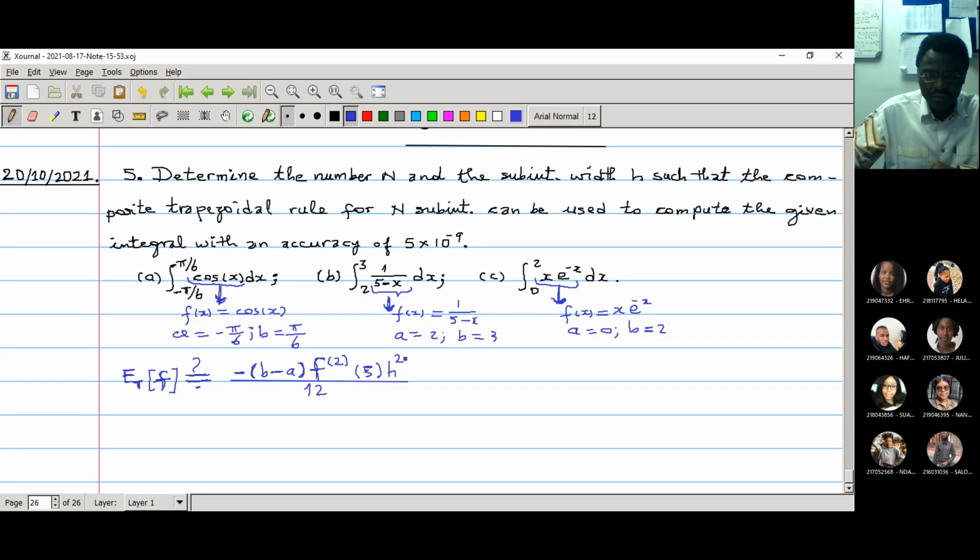Good. Now you see that this h, if you express this h, n will appear, right? This n will appear.